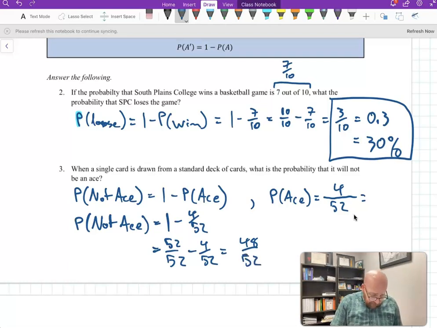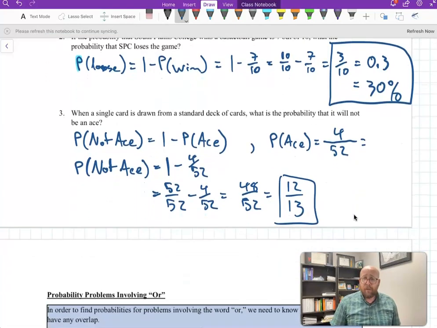Which will simplify to 12 out of 13. There are 48 ways to not get an ace. Sorry, I said 42. 48 ways to not get an ace. 48 out of 52 simplifies to 12 over 13.